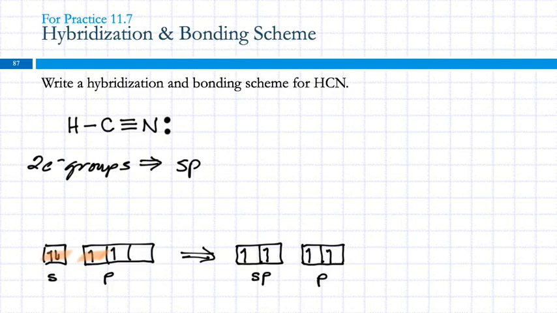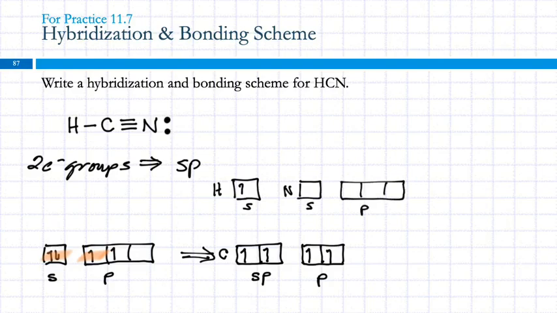And then we've got hydrogen. So this is carbon. We've got hydrogen with its s orbital. And we have nitrogen. And nitrogen has 5 valence electrons. 1, 2, 3, 4, 5.